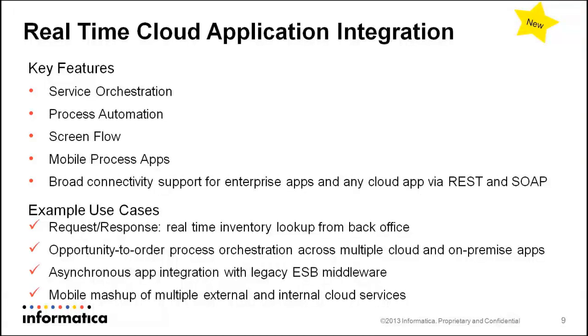So first and foremost, app integration is app-to-app integration in real time. It includes things like service orchestration. The typical pattern here is a request-response pattern, which is a synchronous request-response.